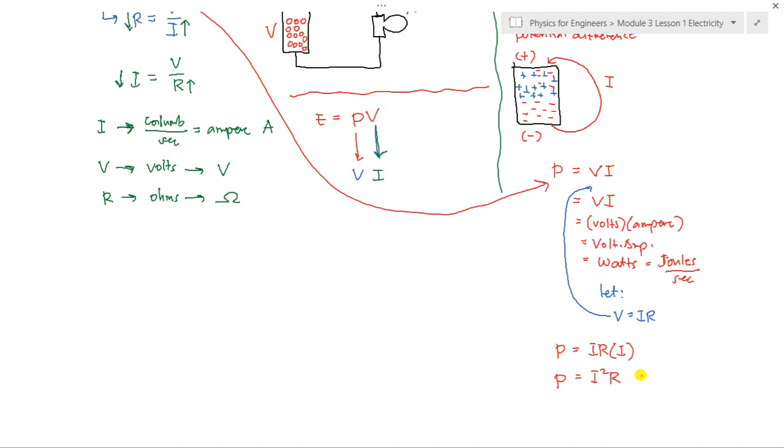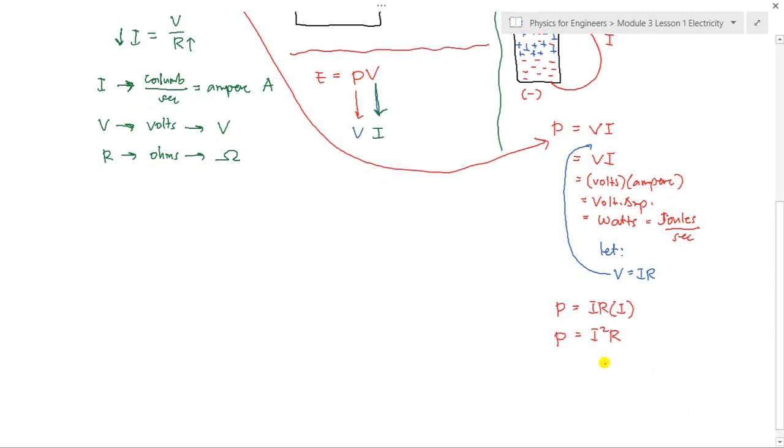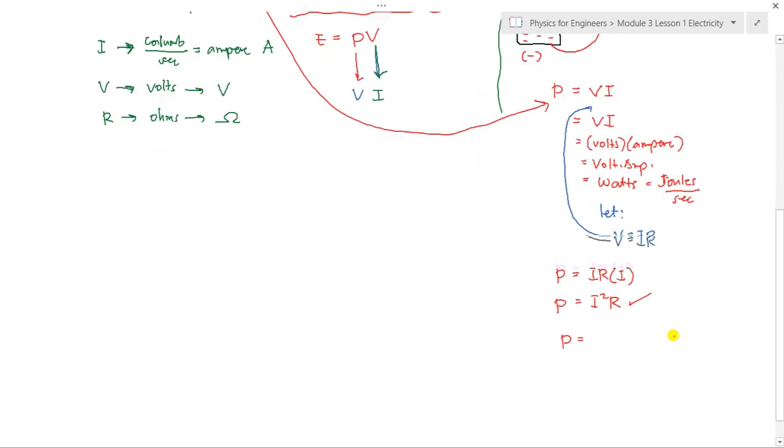And we can also have the last formula for power. In the second one there is no voltage, and in the third there is no current. So how do we eliminate current?